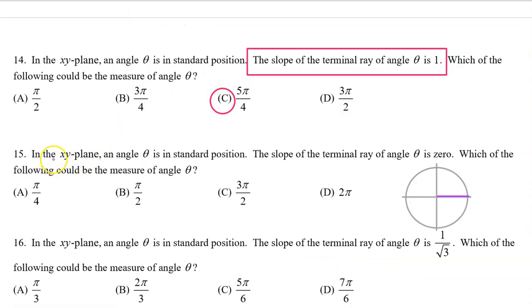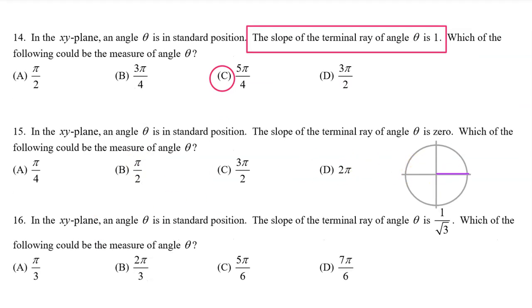Number 15. In the xy plane, an angle theta is in standard position. The slope of the terminal ray of angle theta is 0. Which of the following could be the measure of angle theta? A horizontal line has a slope of 0. So we get a slope of 0 at an angle of 0 radians, but that's not one of the choices.